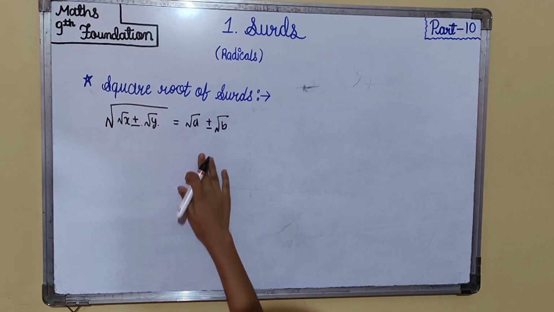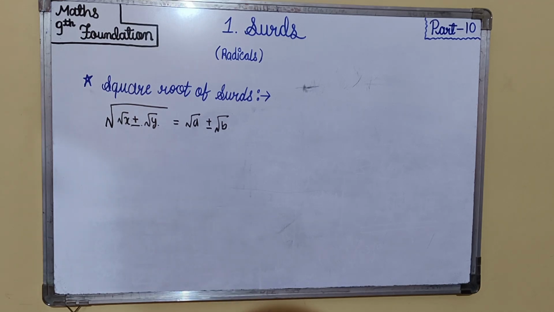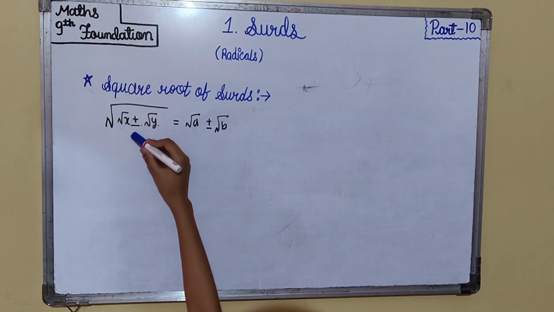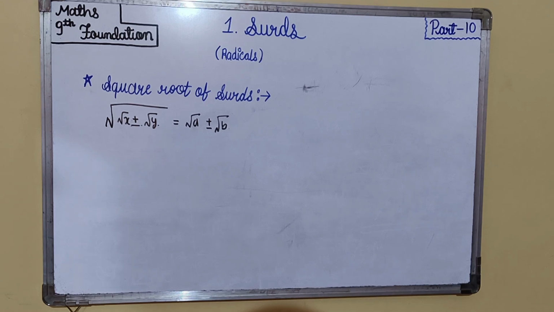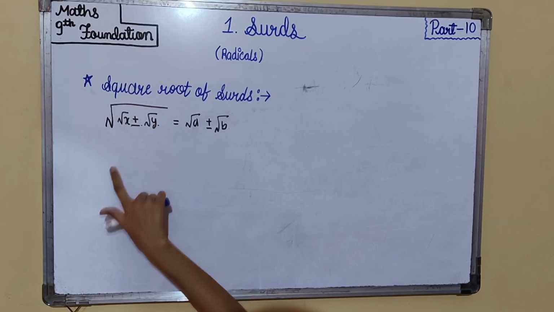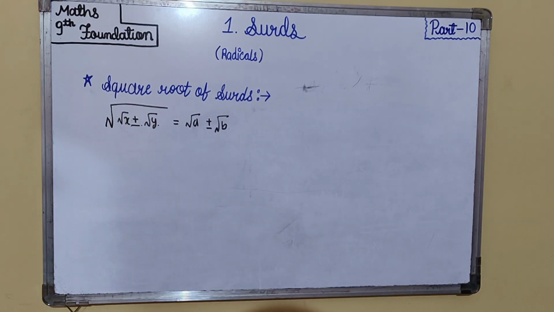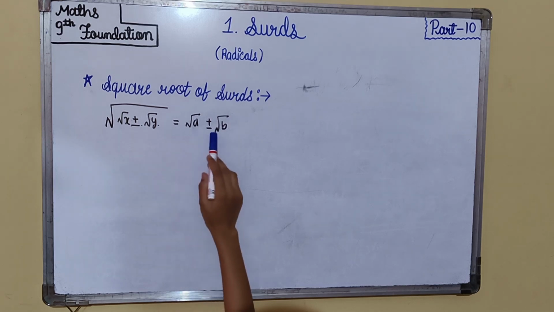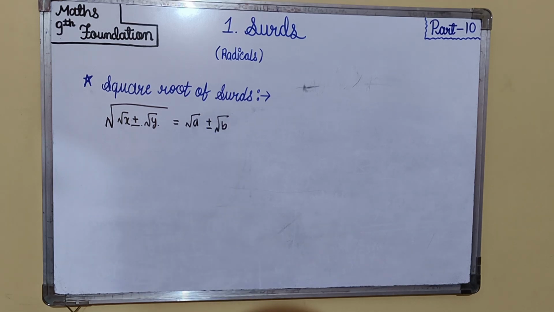So the meaning of this is root x plus root y is equal to root a plus root b, or this minus sign indicates that root x minus root y is equal to root a minus root b. According to the signs, that's why we have written both of the signs.